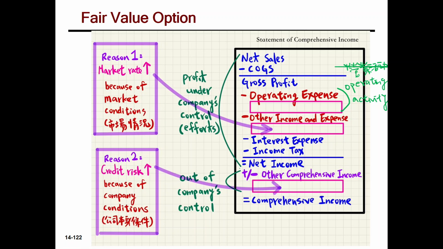Operating expenses, because I provide the service, because I sell the products, I do the business from my major activities. Then I have some expenses incurred. Okay, that's operating expenses. How about other income and expense?